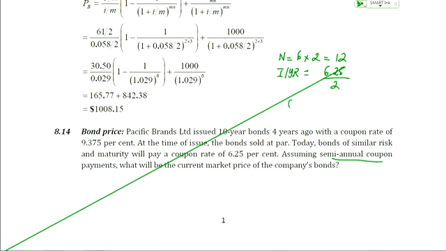And how about the coupon payment? 9.375%. Because we are not using the function in the coupon payment, right? And that's why you have to calculate that. 9.375% divided by 2 times 1,000. The face value is 1,000, and you are required to calculate the PV.